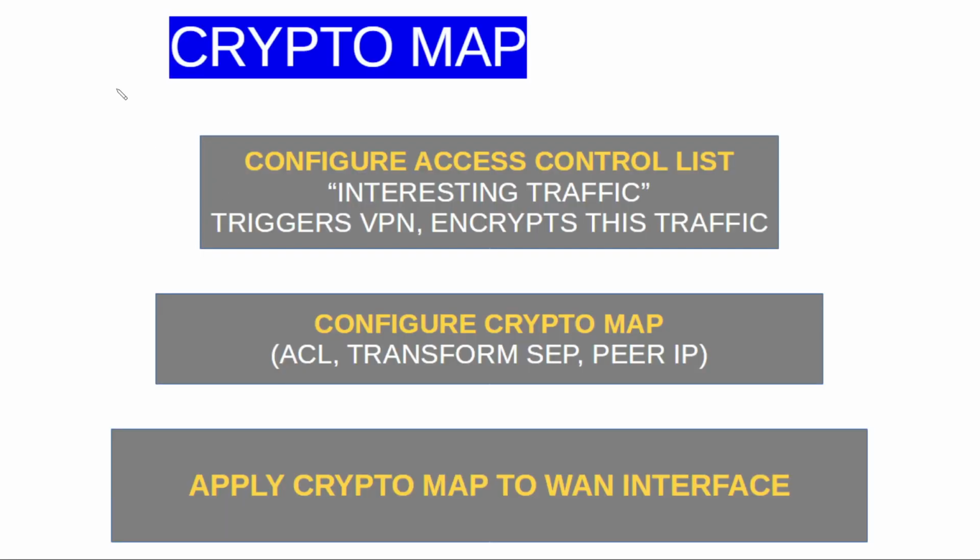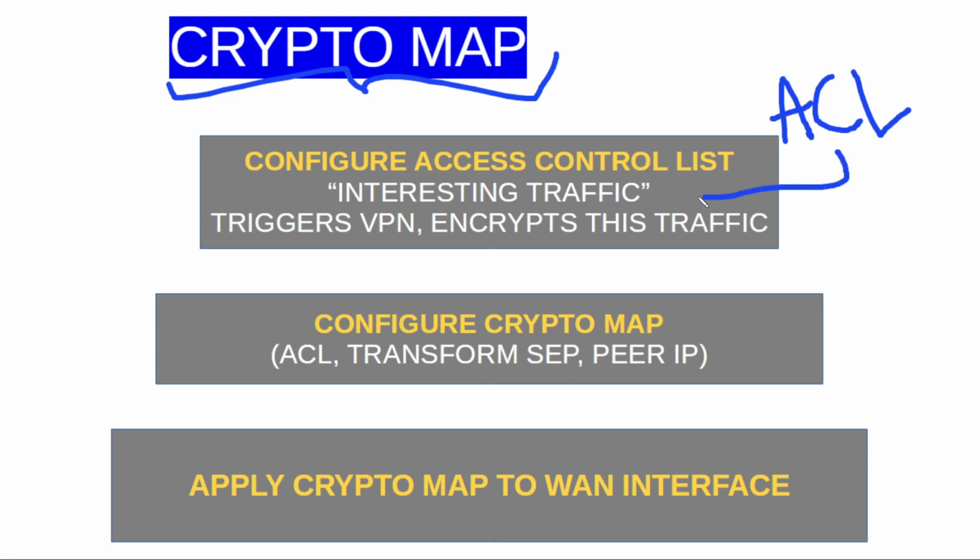So let's go for CryptoMap. CryptoMap is an example of a policy-based VPN. We are going to have to create first an access control list that defines something that we call interesting traffic.